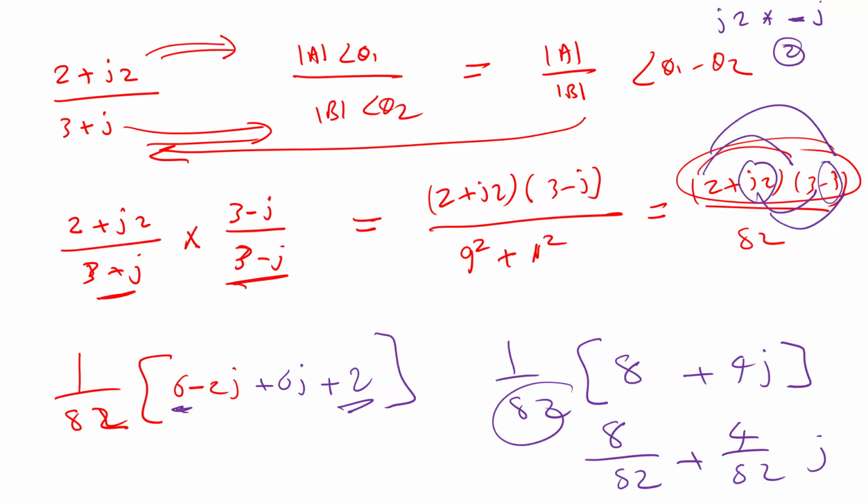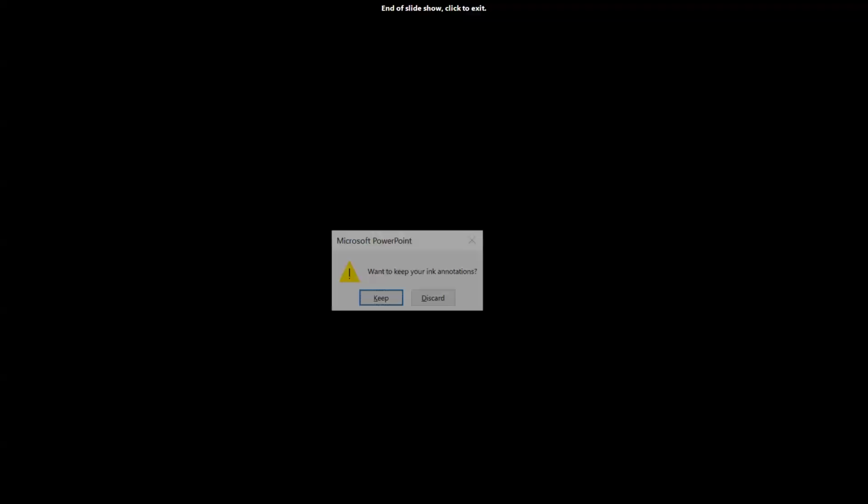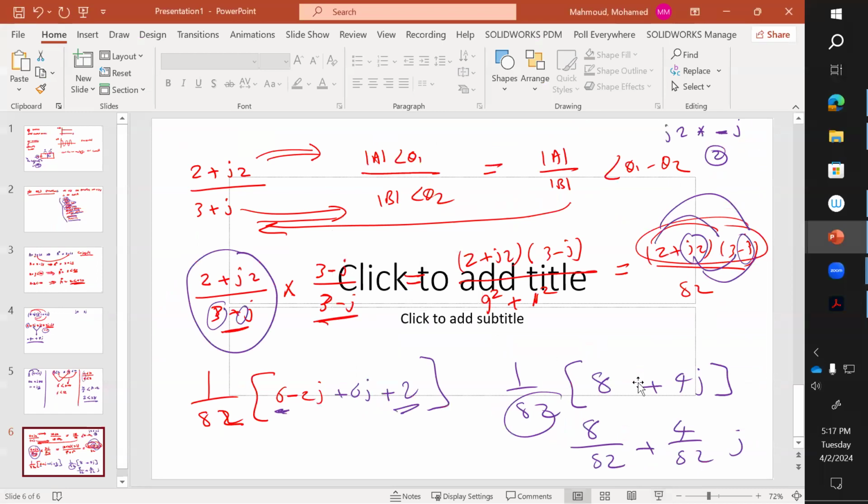The beginning is here: in order to get this, I need to get rid of the imaginary part in the denominator. The only way to get rid of the imaginary part is to multiply by the conjugate up and down. When you multiply a number by its conjugate, the result is the real part squared plus the imaginary part squared.